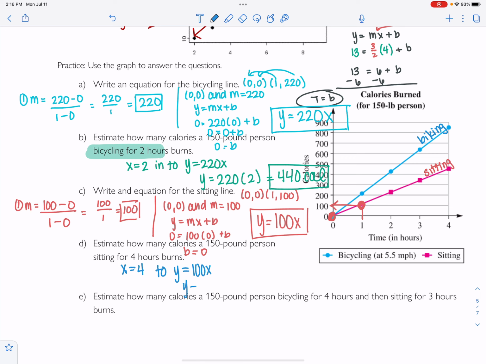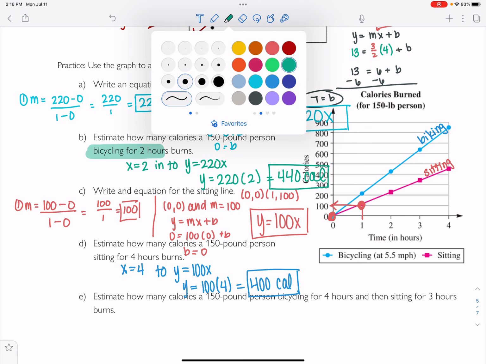And so I've got y equals 100, but x is 4. And so y is going to be the calories burned, or 400 calories.